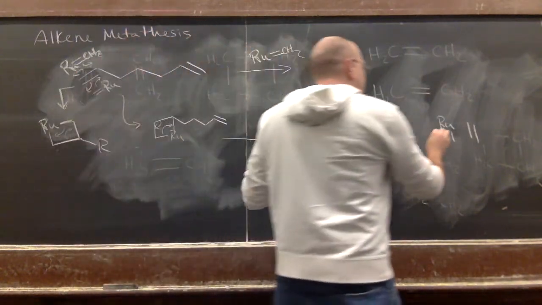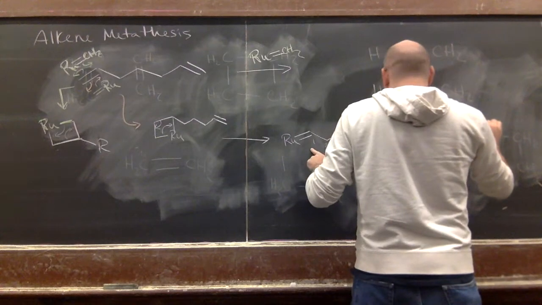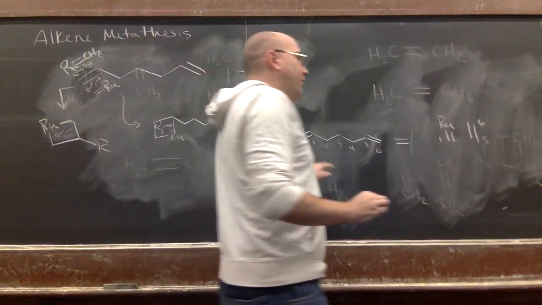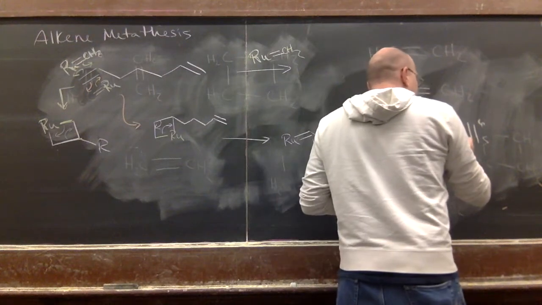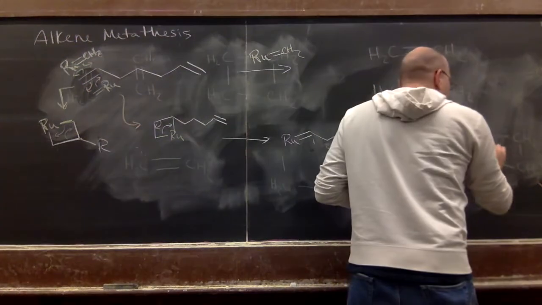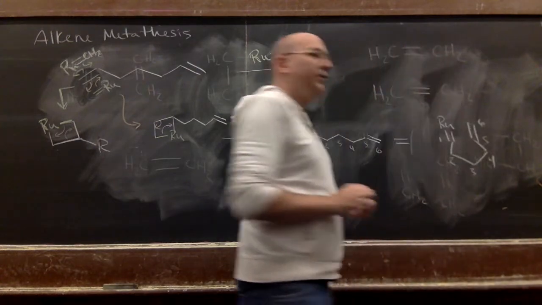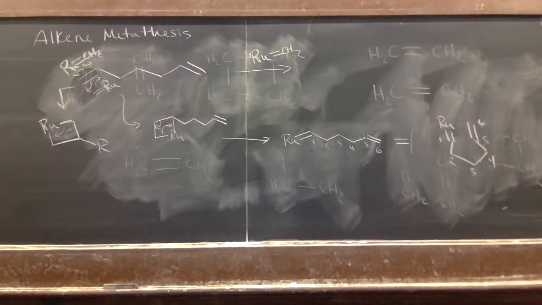And so if the ruthenium is 1, if this is 6, 5, right, then what do we have? 2, 3, 4, right? So what we're going to have here is 2, 3, 4, 5. Okay? And now that we've redrawn it, it's probably going to be a lot easier to see the reaction.